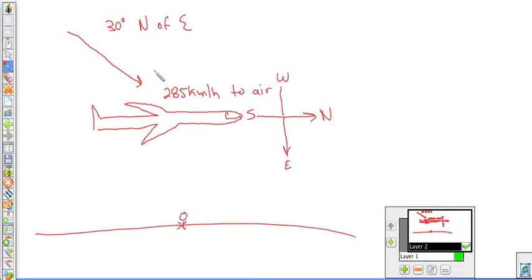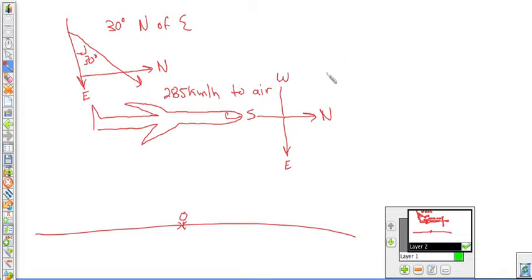So if this is our coordinate plane, this is going to be east, and we've got 30 degrees right here. And so what is that going to do to the airplane? Well, it's going to push it in an east direction, which is the wrong way. It needs to continue to go in the north direction. And it's also going to add to the plane's velocity in the north direction. So what is the plane going to have to do?